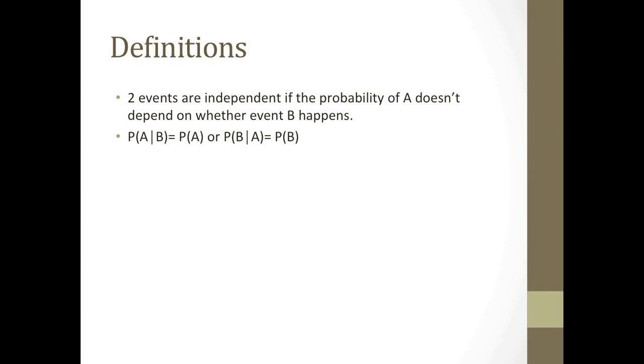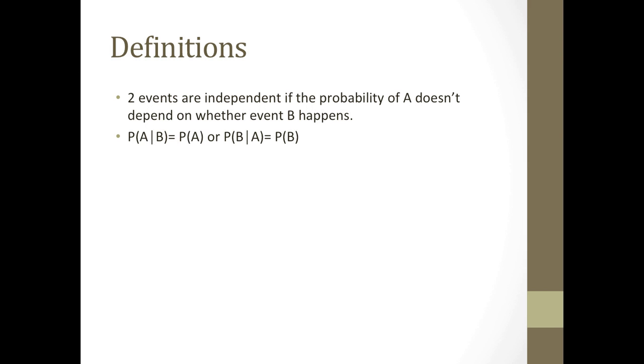So for example, if you were getting 2 scoops of ice cream and you asked the person to randomly choose your 2 scoops, and they chose the first scoop for you and say it was strawberry, and you said, oh, well, the second scoop can't be strawberry, that means that the second event depends on what happened in the first event.